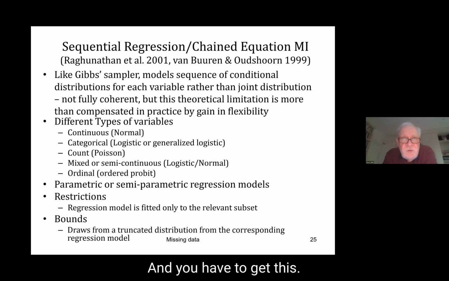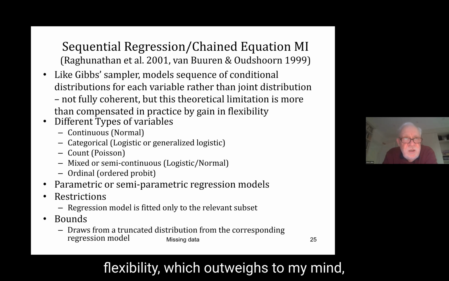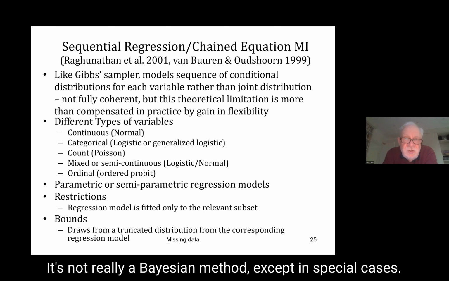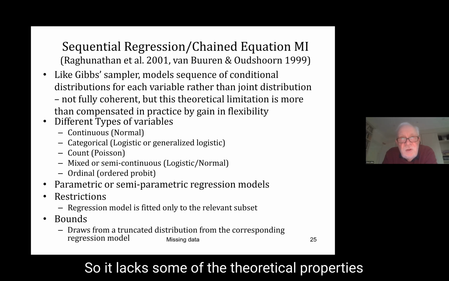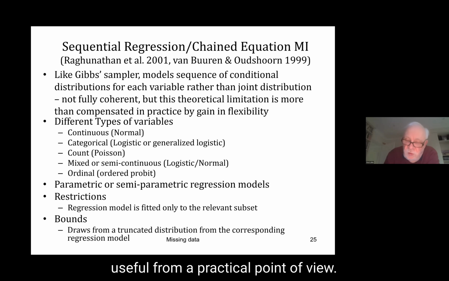You have to think a bit about the models for each of these variables as you go along, so you don't do something grossly inappropriate. But it has a lot of flexibility, which outweighs, to my mind, theoretical issues. It's not really a Bayesian method, except in special cases. So it lacks some of the theoretical properties of a fully Bayes approach, but it's very useful from a practical point of view.